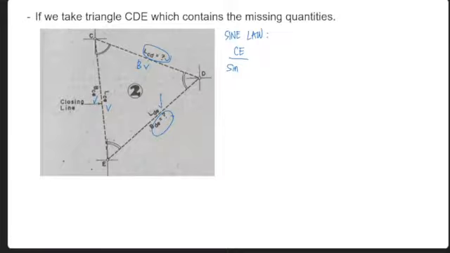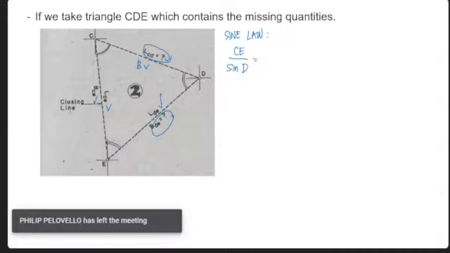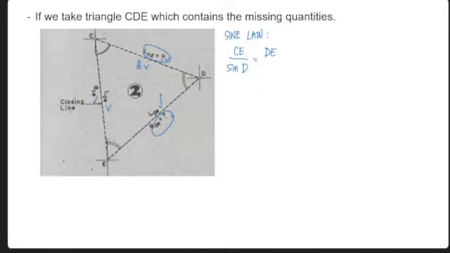Looking dyan sa figure natin, sine D is equal to line DE over its opposite, sine C. And also equal to line CD over sine E.